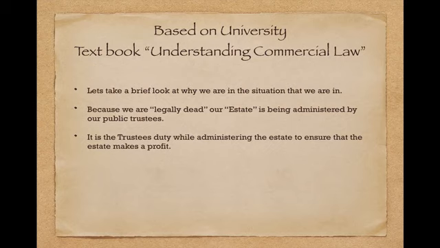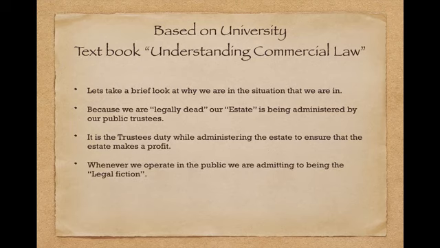So the administrators of our estate, or that's the name that we've been operating under, and keep going back to the born identity. When we keep operating under that, we're an estate and they have to administer our estate, and so they have to make sure that we get a profit.